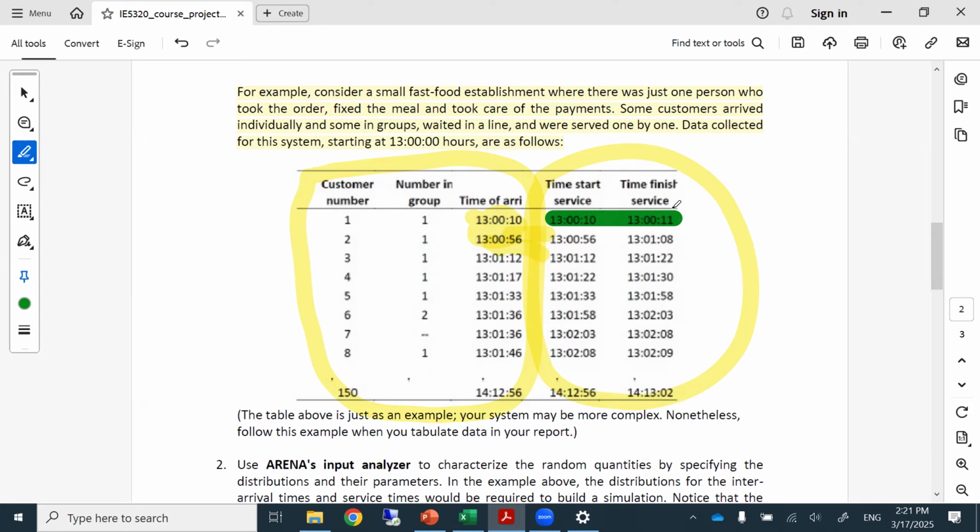This person is taking the order starting right now, and they're done after 10 seconds. The queue will be determined by the processing times and the arrival patterns.